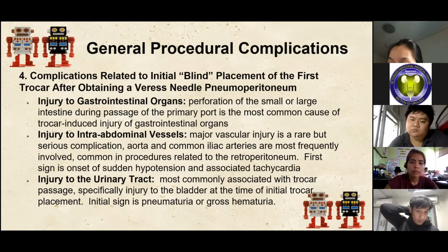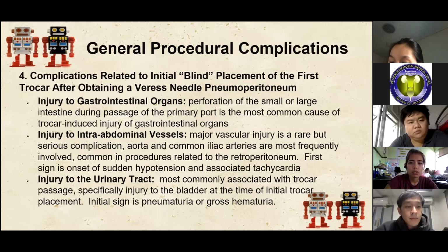Next might be an injury to an intra-abdominal vessel, but major vascular injury is a rare complication. The aorta and common iliac arteries are most frequently involved, and it is common in procedures related to the retroperitoneum. And the first sign is sudden hypotension and associated tachycardia.